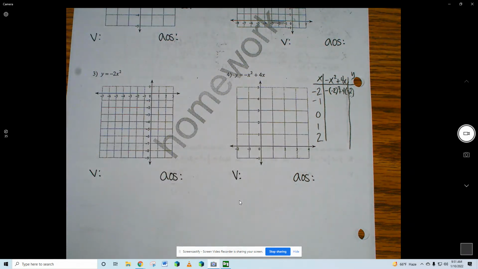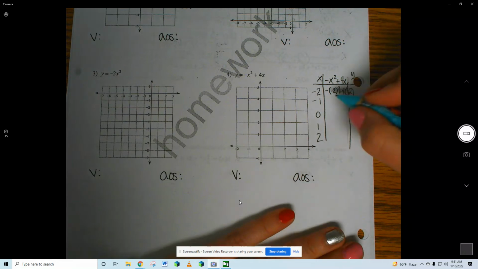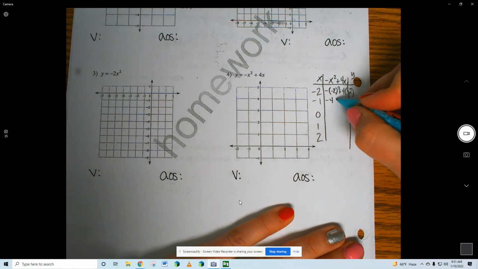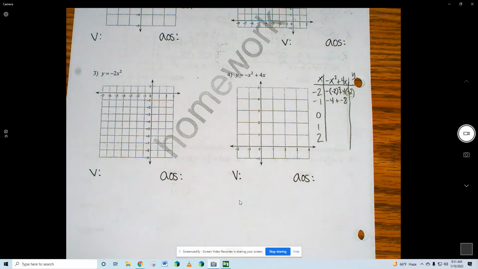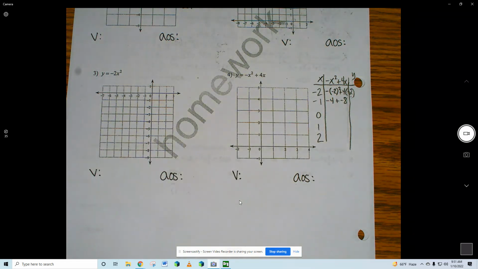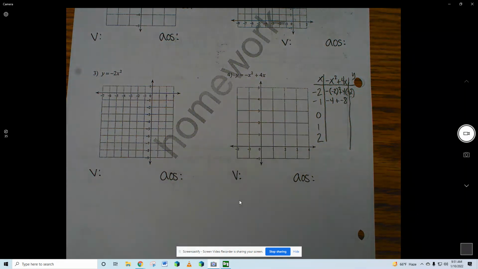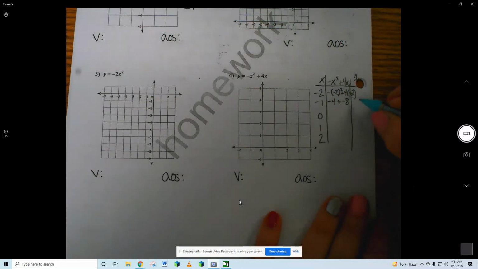Maybe I write too big. Negative 4 plus negative 8. You got to be good at your x squareds, right? Do negative 2 squared first. That's positive 4. And then since there's a negative in front of it, it becomes negative 4. Negative 12.